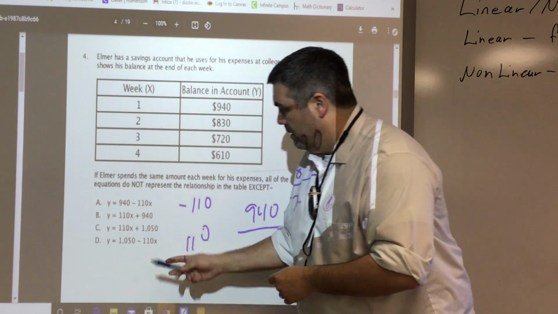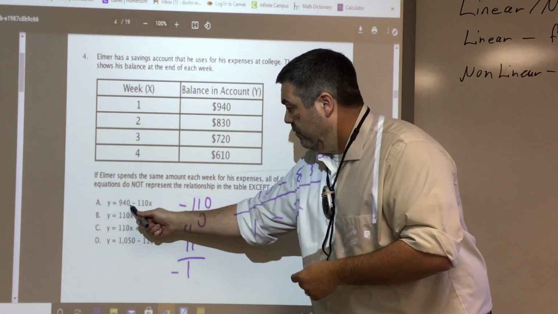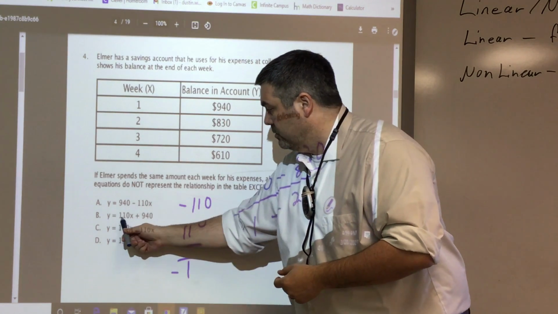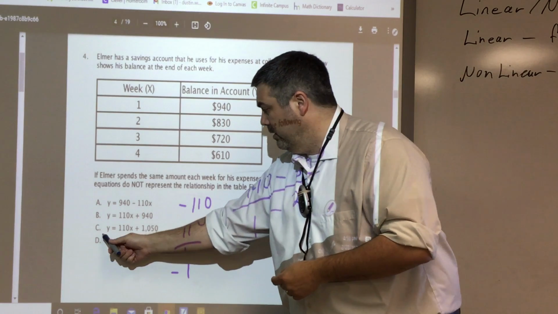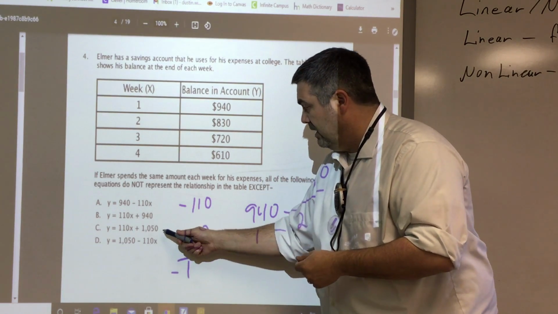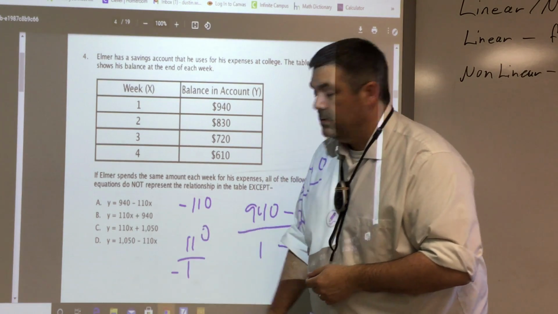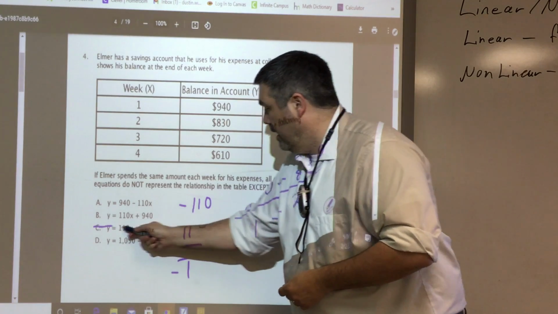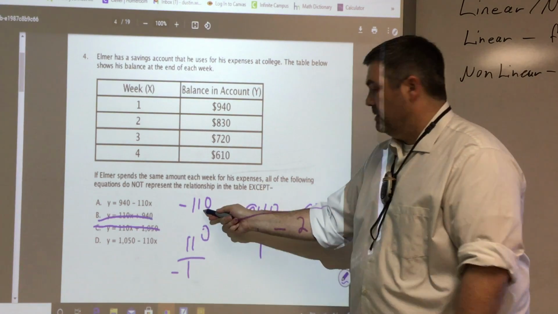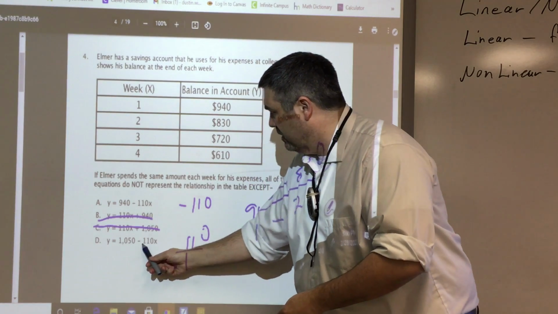Now look, some of these aren't in slope-intercept form. Y equals 940 minus 110x, y equals 110x plus 940, y equals 110x plus 1050. These two are in slope-intercept form. Their slopes are positive. I know it's not these two, because my slope is negative. But now I've got this, y equals 1050 minus 1.